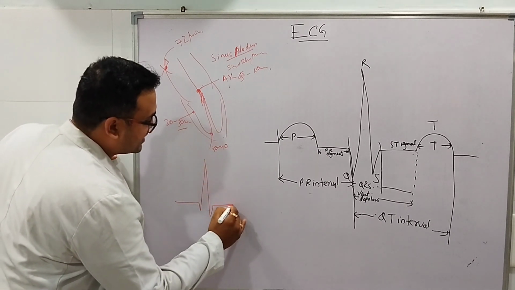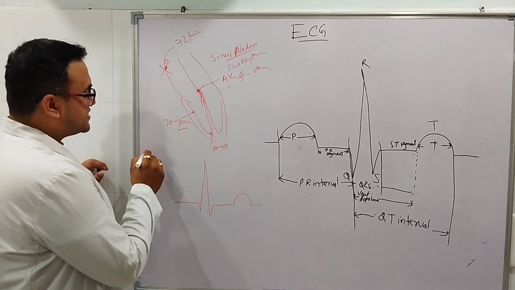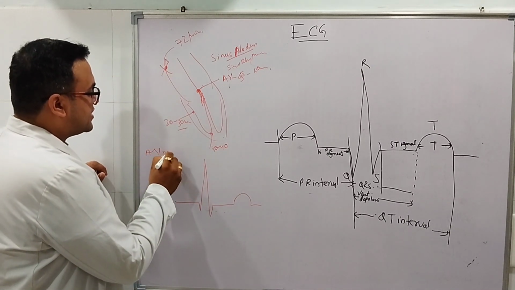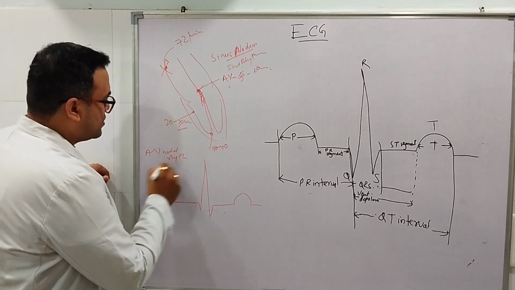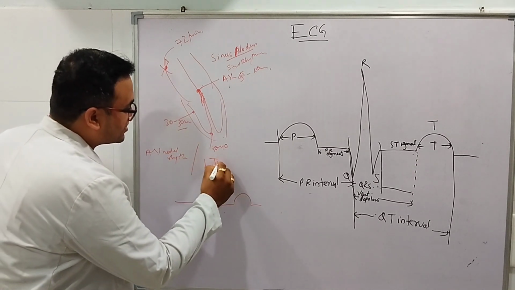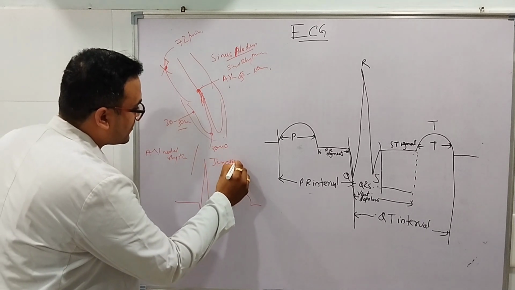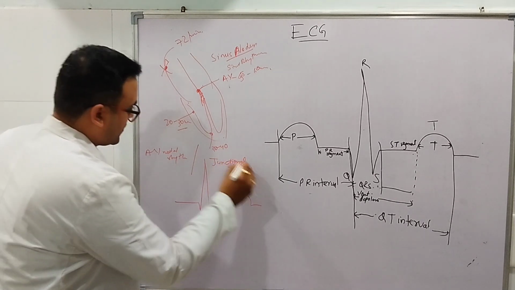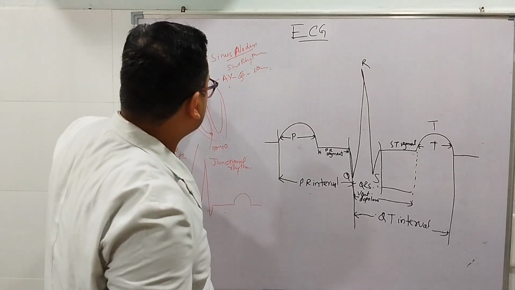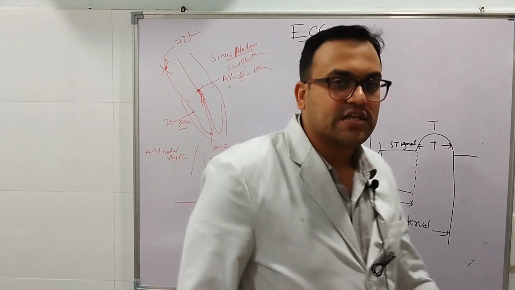There will be a QRS followed by T, and this is called AV nodal rhythm, also known as junctional rhythm. This is known as junctional rhythm because it is at the junction.